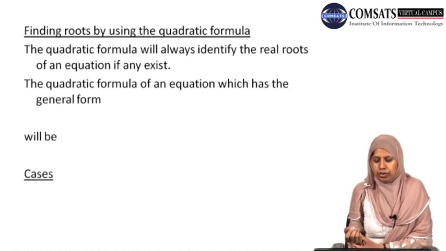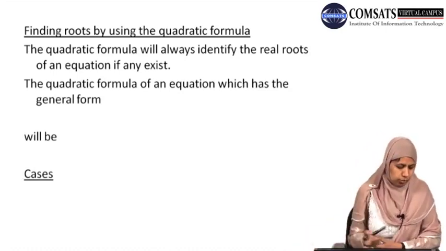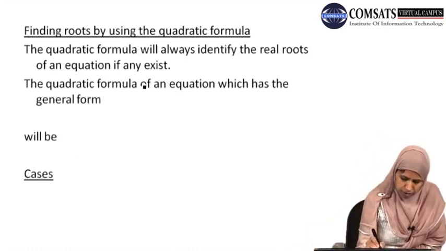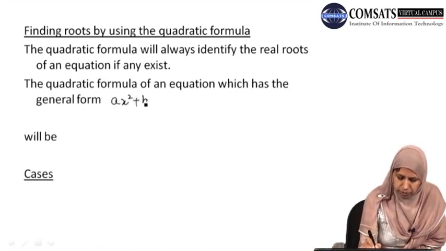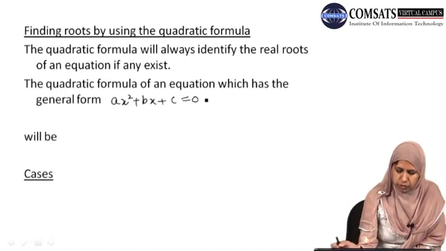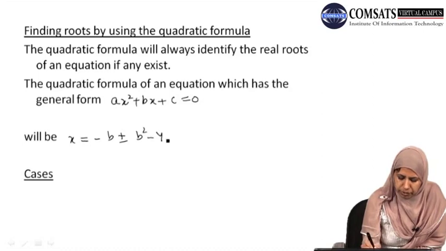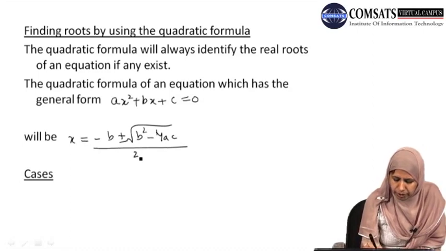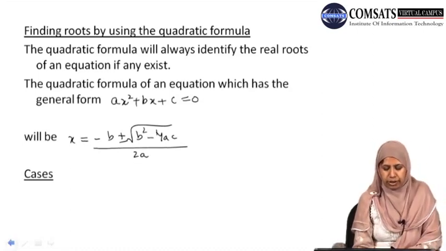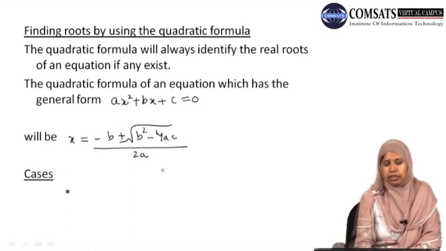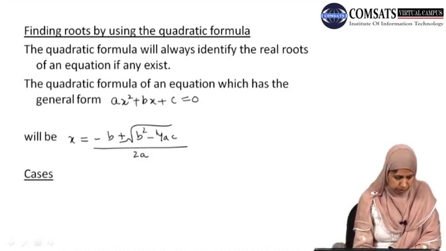The general form of the equation is ax square plus bx plus c equals 0, and the quadratic formula is x equals minus b plus minus under root b square minus 4ac, divided by 2a. This is our quadratic formula, where a, b and c are the constants of our quadratic equation.